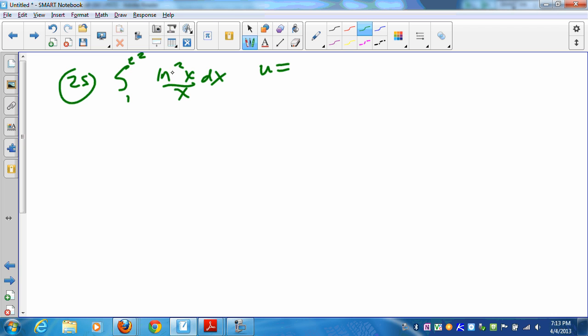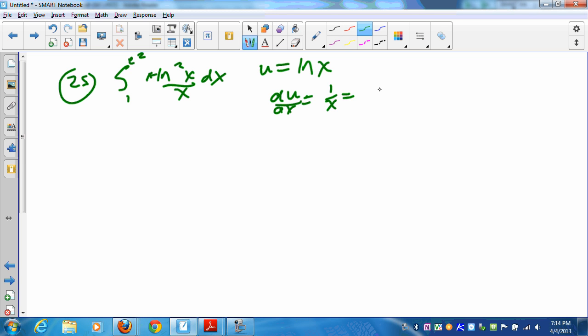And what's the scariest looking part of this? That's usually a good place to start. And ln of x looks pretty scary to begin with. So if I make the u ln of x, the derivative is equal to what? This 1 over x.